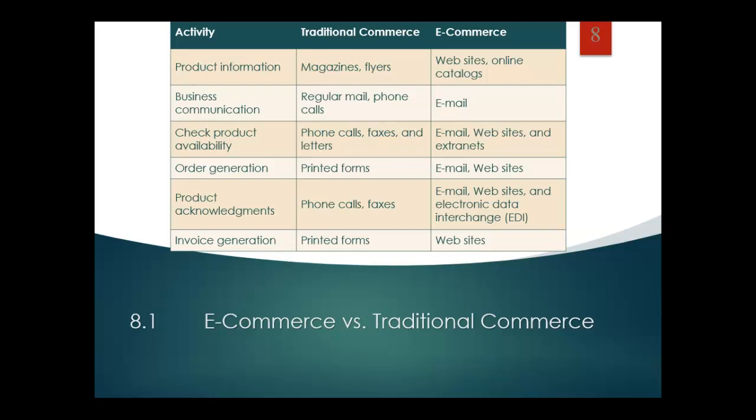They would simply just take their catalog, the same categories that are in their paper catalog, they would put in the website design, and then you would go through the menus or search the catalog to place the order. So it's the same concept as a catalog, only you're not paging through. You could even search or you could page through the catalog. Product acknowledgments. So once again, it's an invoice generation, the difference between print and phone and electronic.